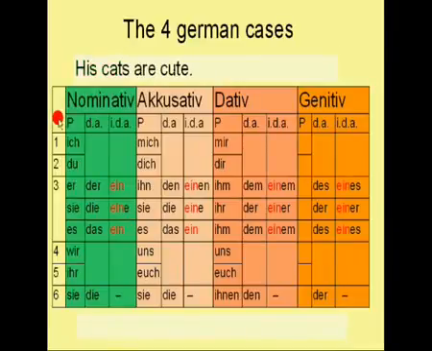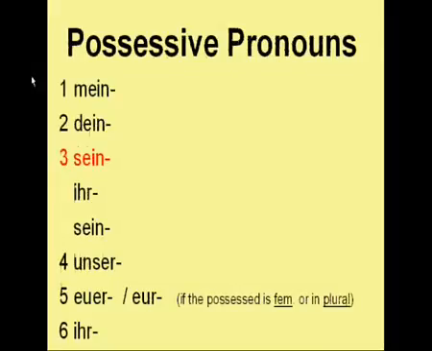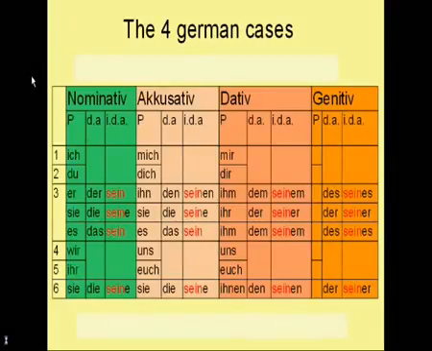What if the cats are in plural? The same rules apply. His cats are still the subject of the sentence and therefore in the nominative case. And the possessor is still masculine and in the 3rd person singular. So it's replaced with sein. But the question is, which word do we replace with sein? Remember what I told you in the beginning?